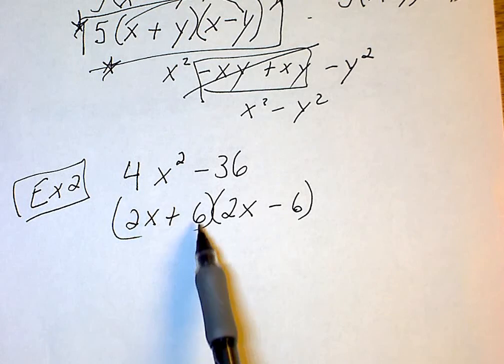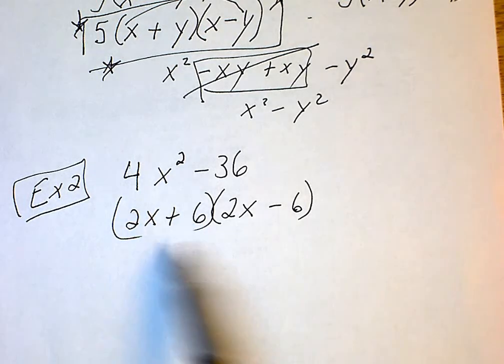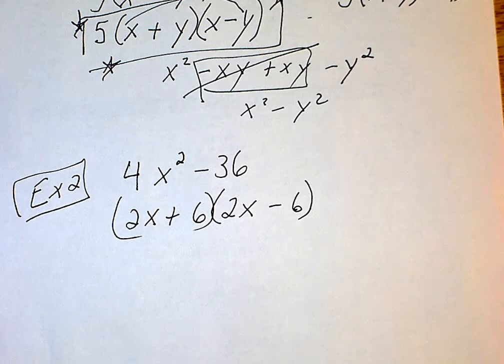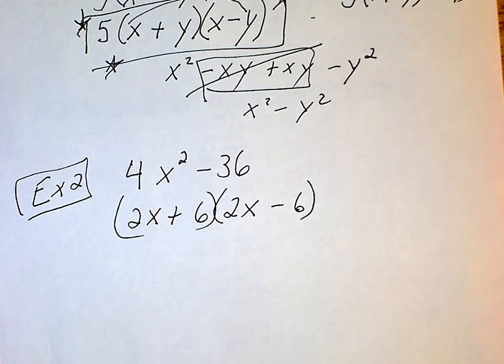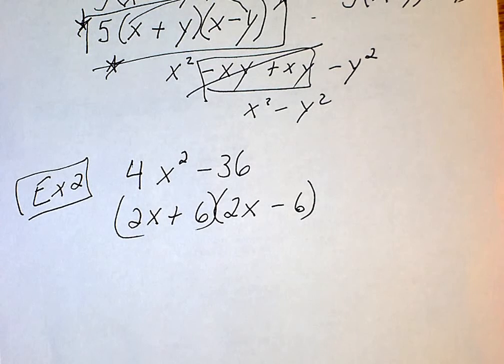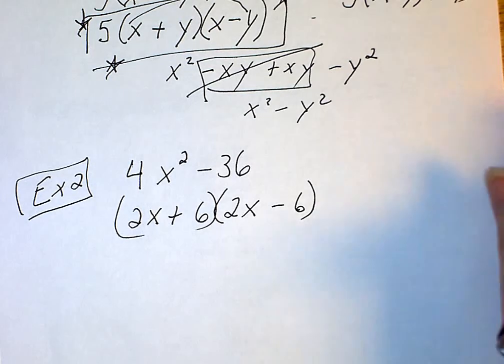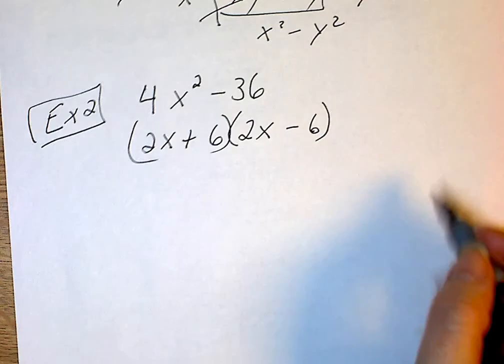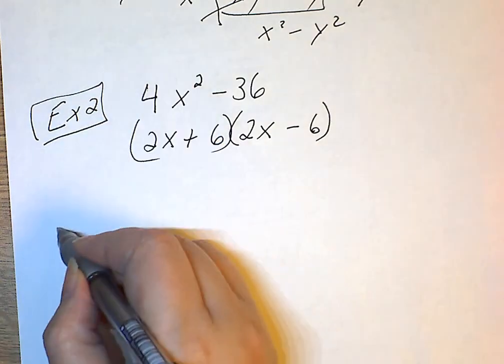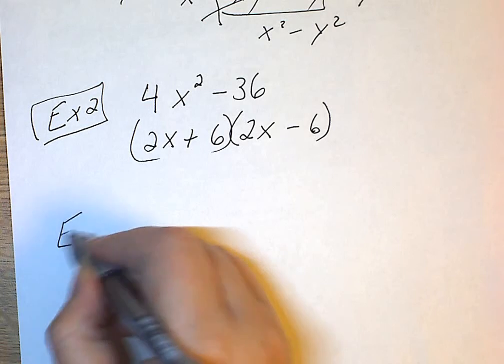Your inner is 12, your outer is negative 12, so those still drop out. That's why we want one to be positive, one to be negative. Questions on that part, on these ones? There are 2 types, so that's the first type.